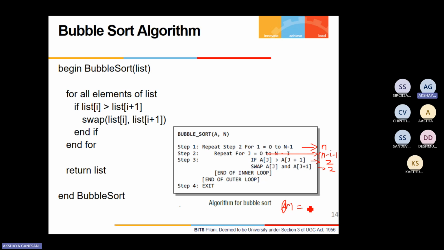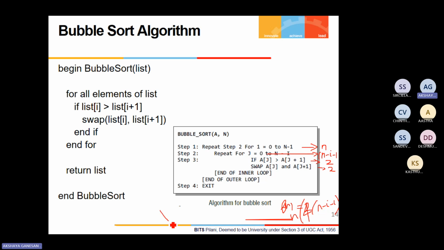Okay, so it is 2 into n, 2 minus i minus, say like 4. This is 4. Okay, 2 plus 2, 4 to n minus i minus 1. Then again into n because each pass it is n, right?